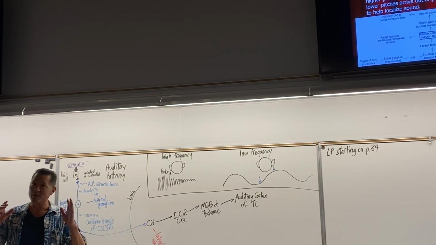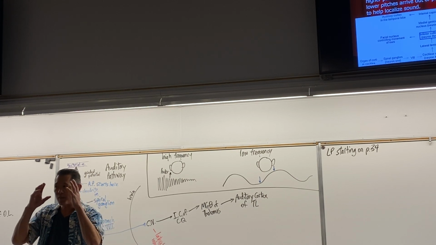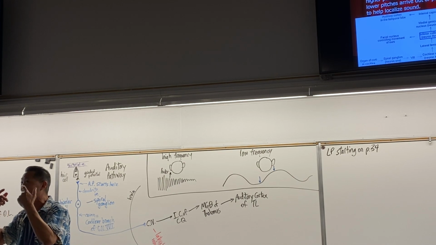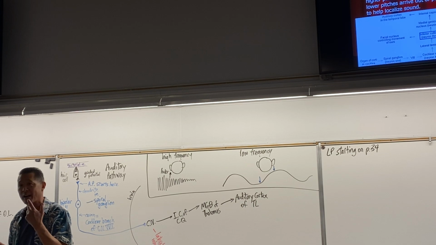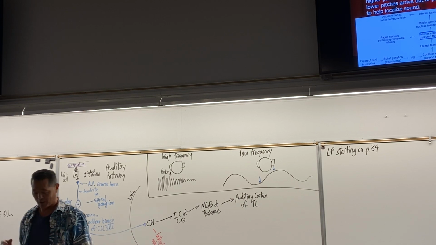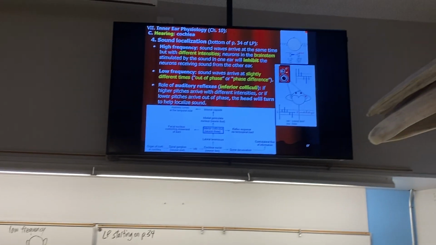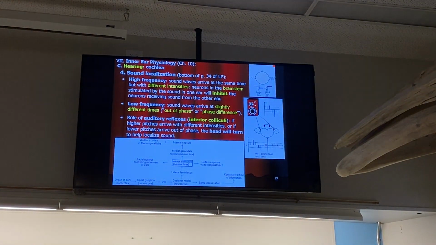It'll do the same, even though it's not as consciously obvious to you, for low frequency sounds, where all of a sudden both ears are hearing the same crest or the same trough. It's not out of phase anymore, then you can maybe localize the bass sound. It is a little bit more difficult. People usually have an easier time localizing high frequencies, but you can do low as well, like that. Any questions?